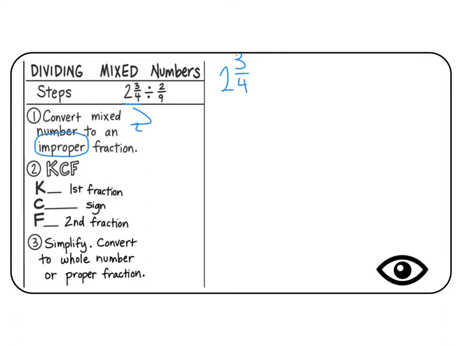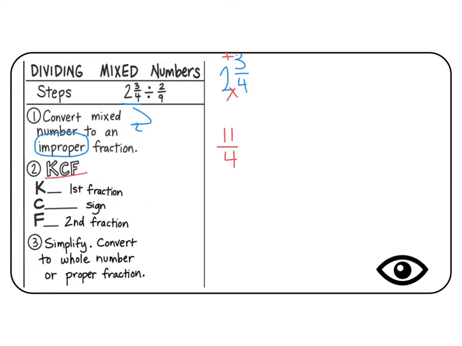We multiply times the bottom and then add to the top. 2 times 4 is 8. 8 plus 3 is 9, 10, 11. And the denominator stays the same. So we have 11/4.